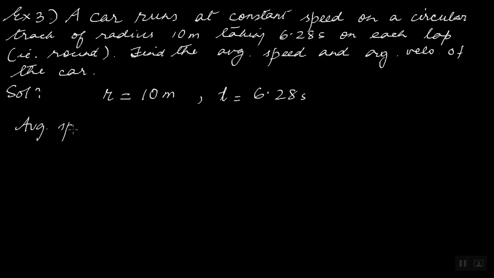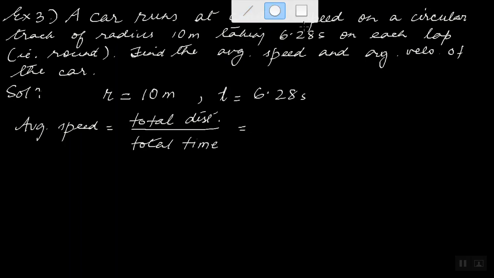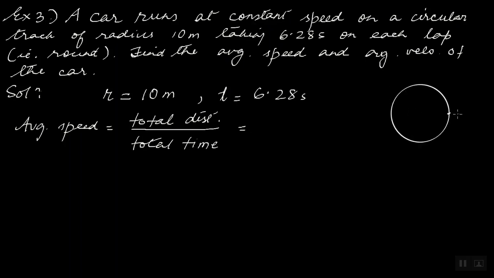So we use this formula. Average speed is nothing but total distance by total time. And in one round, what is the distance it covers? Let me have a circle out here. Say this body is starting from point A. It is going like this and it reaches point A. So what is the total distance it covers? Is it not equal to the circumference of the circle?